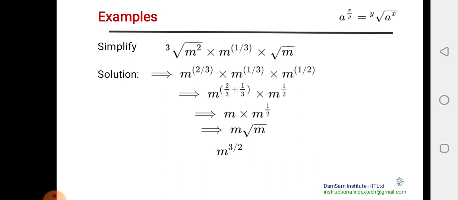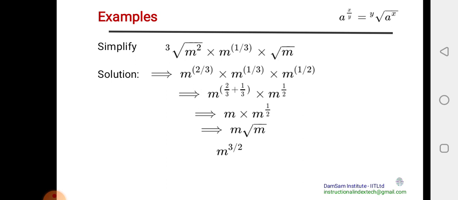What we have here is that all the bases are common, fine, and we can perform operation on the power as it is. That cube root of m raised to power 2 will become m raised to power 2 over 3, times m raised to power 1 over 3, times m raised to power 1 over 2. That root m is the same thing as m raised to power 1 over 2.